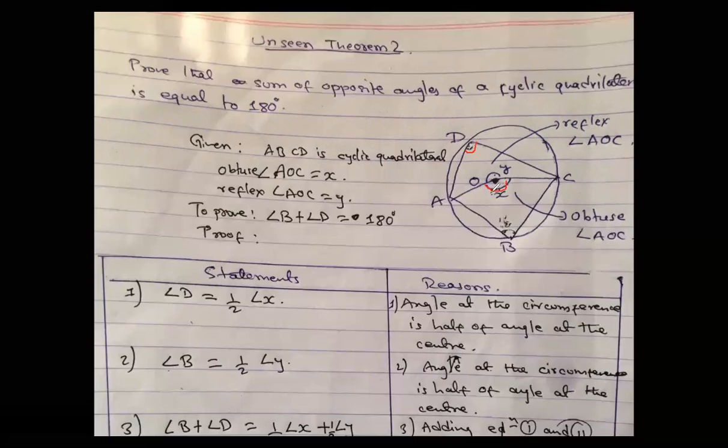So angle D is half of angle X of this angle AOC, half of angle X, okay, and an angle at the circumference is half of the angle at the center, okay. यो भयो. So किन त angle at the circumference is half of angle at the center. So यो भयो.